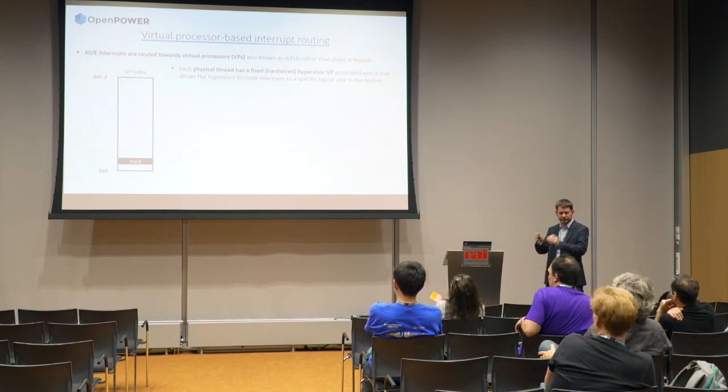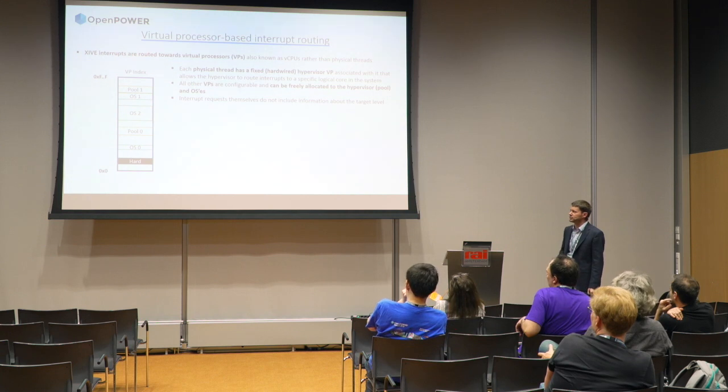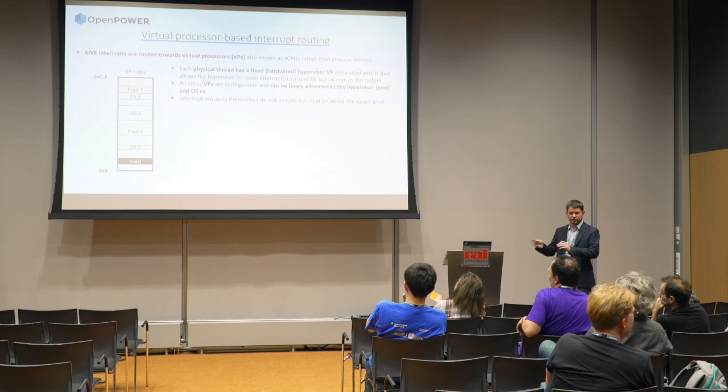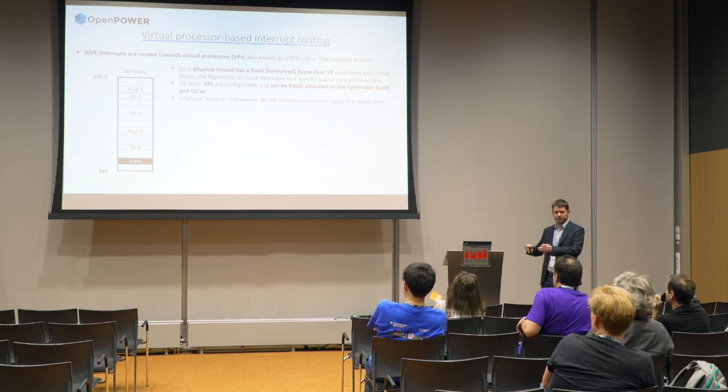So on which chip is it running, which logical core on that chip. And all of the rest of this range can then be freely distributed to virtual processors, which can be attached to the hypervisor, what we call the hypervisor pool, or the operating system. So you can create additional routings for the hypervisor using these pools, or you can, for each virtual processor of an operating system, hand out a virtual processor there in one group, and basically all the virtual processors in such a group would then be tied to the same virtual machine.